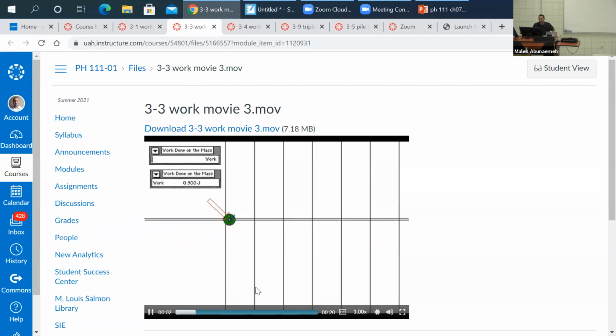Now, with your work done at a slight angle, that's where your work actually decreases. And that's what we're going to be talking about, where your work is going to equal your force multiplied by your distance, multiplied by the cosine of the angle that you're going in.